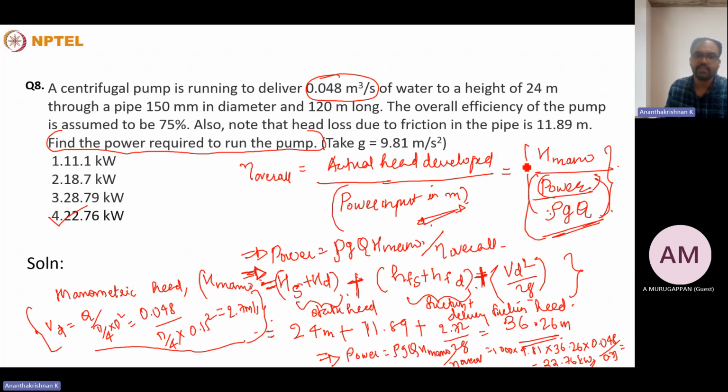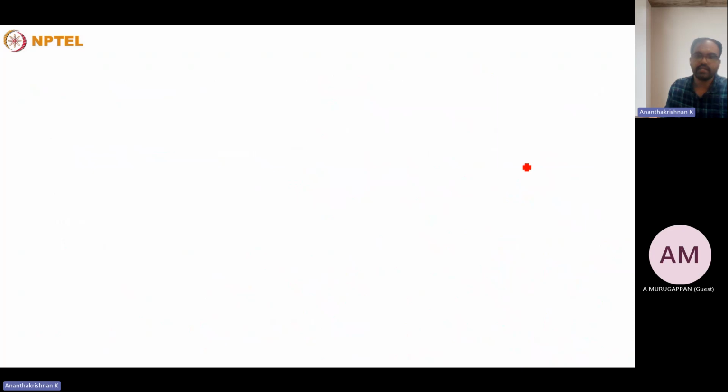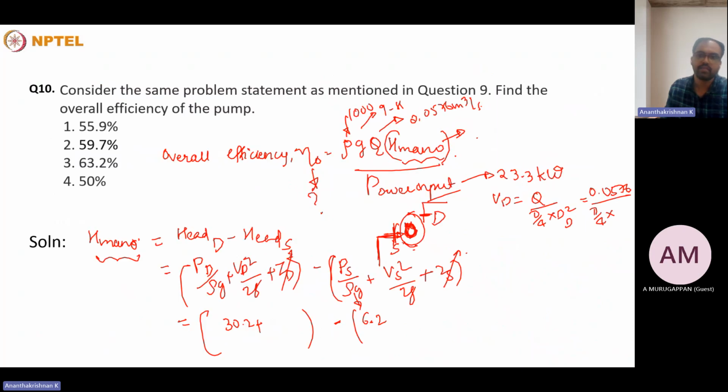In the previous analysis, we have seen that the suction diameter will be higher than that of the delivery pipe diameter, to avoid cavitation.